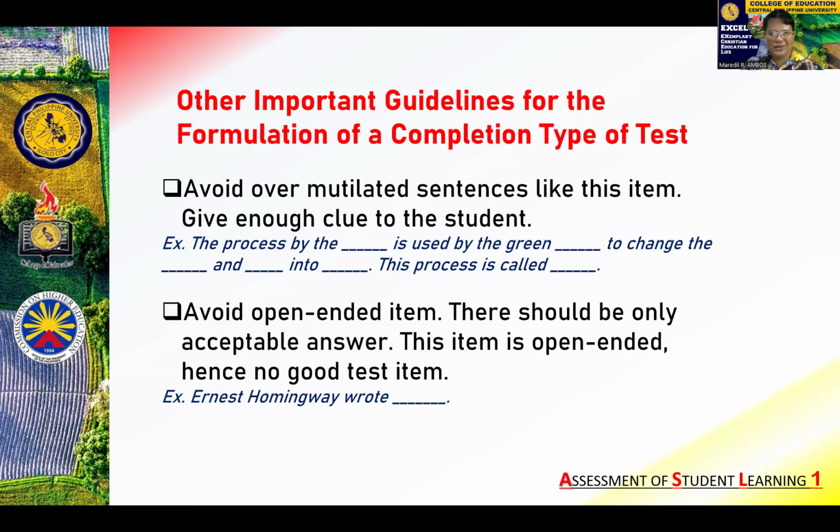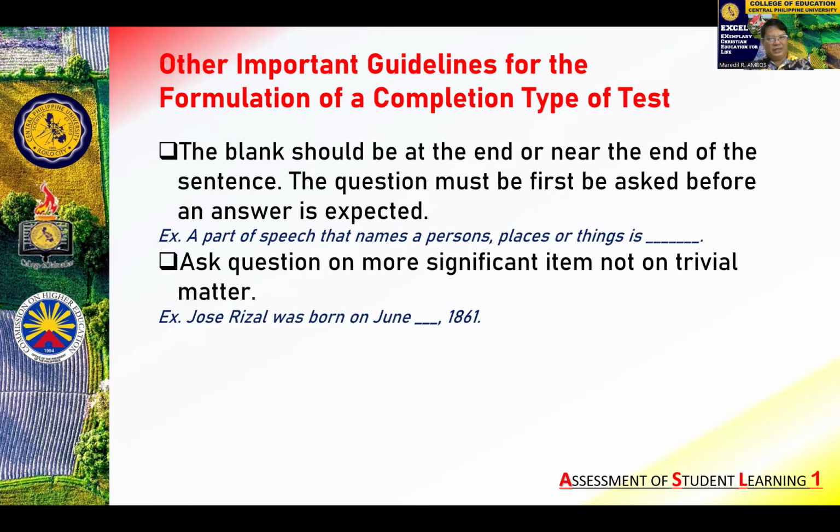Well, supposing there are three answers, now it's really hard to have the exact answer there because it's general or generic. Okay, then the blank should be at the end or near the end of the sentence.